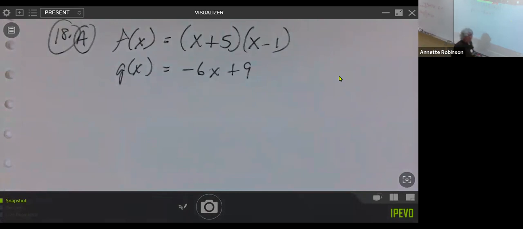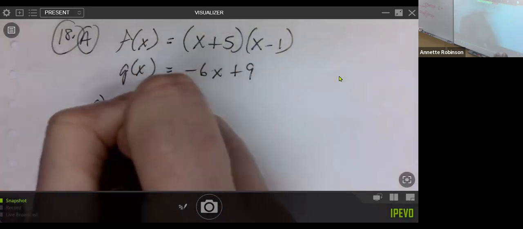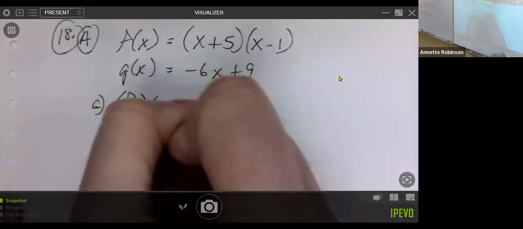In the first part of this, it says find f over g using a negative 3.